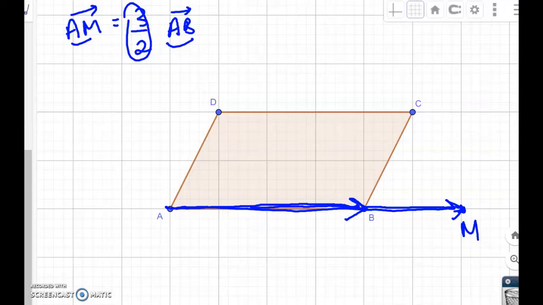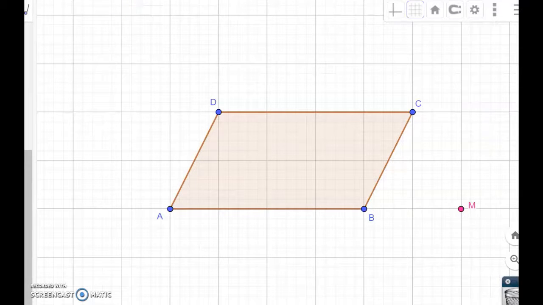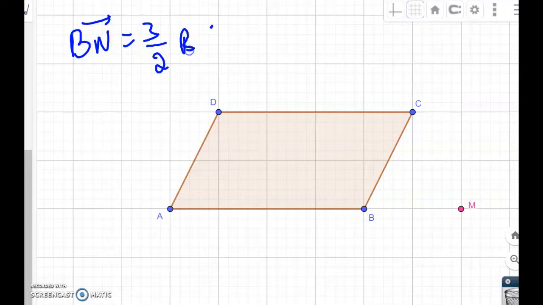We do the same thing for the remaining points. So let's move to the next point. So this is M. The next point is N, such that BN equals 3 over 2 BC. Similarly, we have the vector here BC.